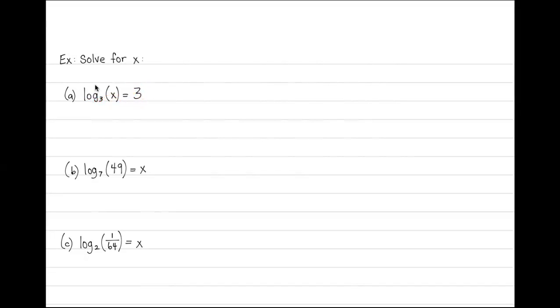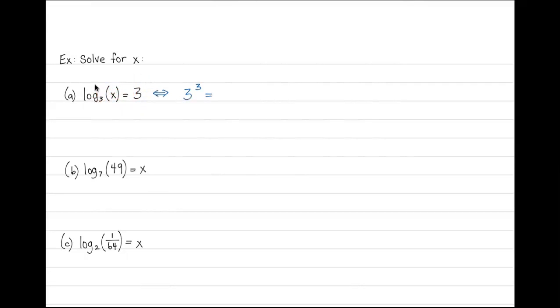So I can take this and rewrite it into exponential form, right? The base was here, that was the 3, so 3 to the power of, and then the exponent is always here, right? So 3 to the power of 3 is equal to the answer that's on the inside, right?